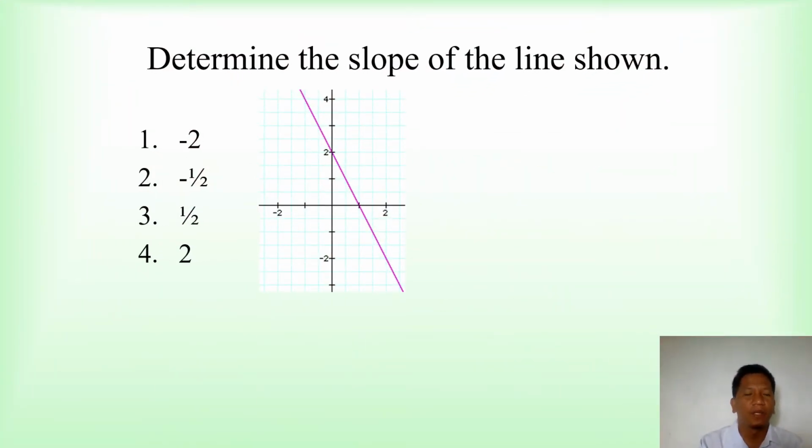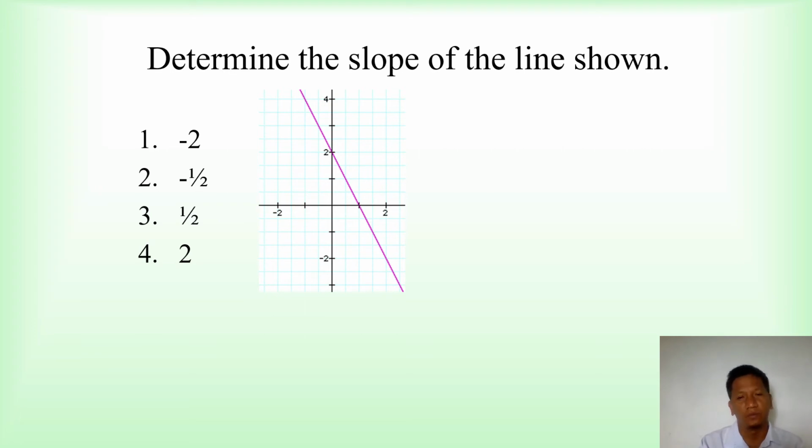Next problem. Determine the slope of the line shown. So, our problem is in graph. Since the graph is given, we're going to use the rise over run. Okay? I'll give you 10 seconds to find the slope of the line.